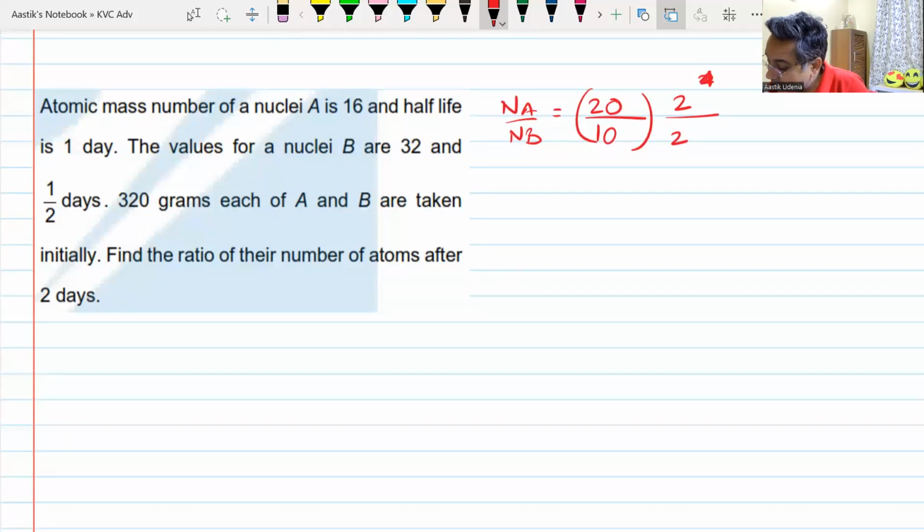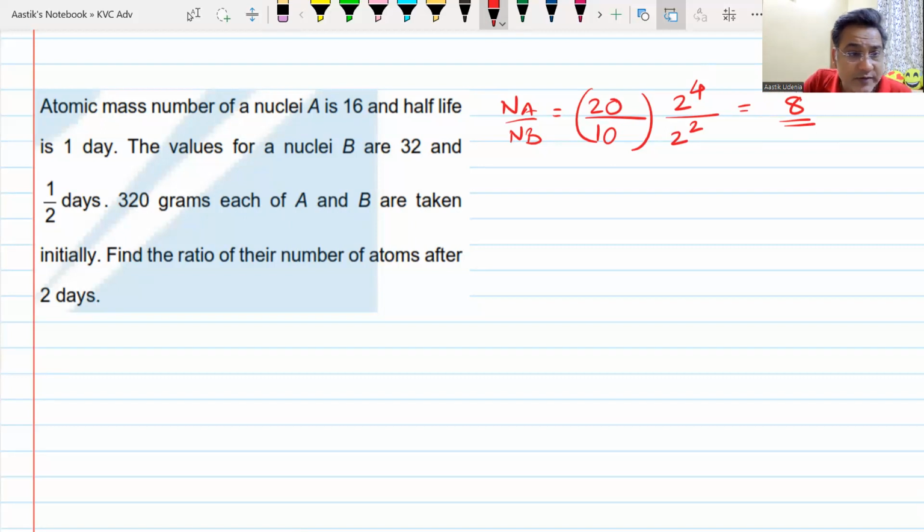The number of half-lives of the first one is 2. Multiply, divide it, and you will get 8. The ratio is 8:1. Do we understand this, everyone?